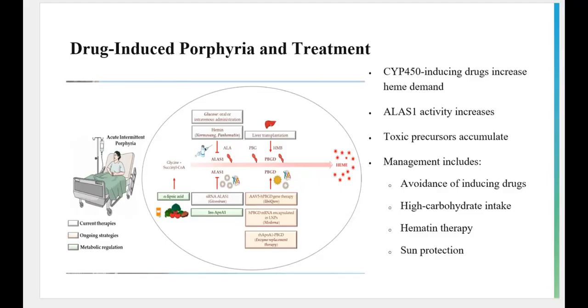The treatment: this picture has the flow chart of treatment with metabolic management and liver transplant. In acute hepatic porphyria, the treatment includes intravenous heme, a form of heme, to repress ALAS activity, which can reduce the toxins quickly.